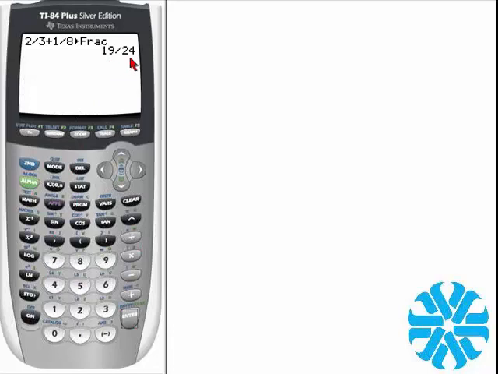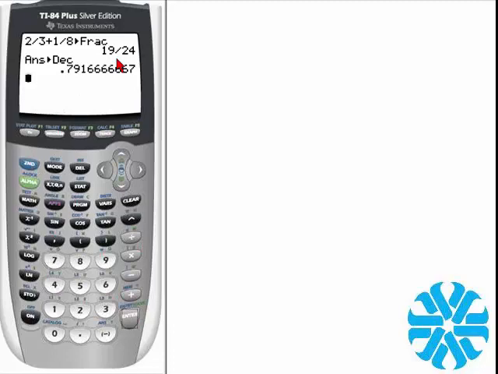So that value is equal to 19/24. If we wanted to convert that to a decimal, we would hit the Math button, and then number 2 for decimal, and then hit enter. And there's the decimal equivalent. And notice again that this is not exact, where this is exact.